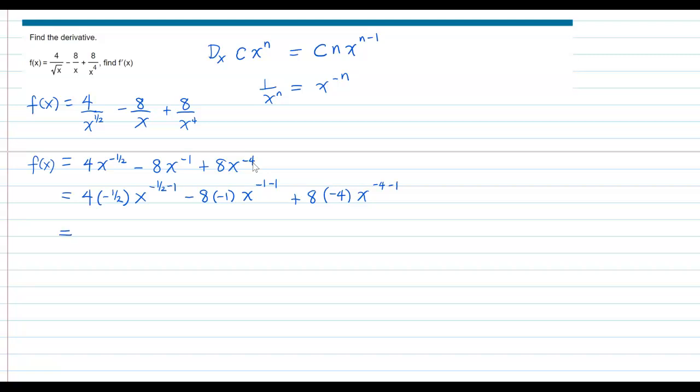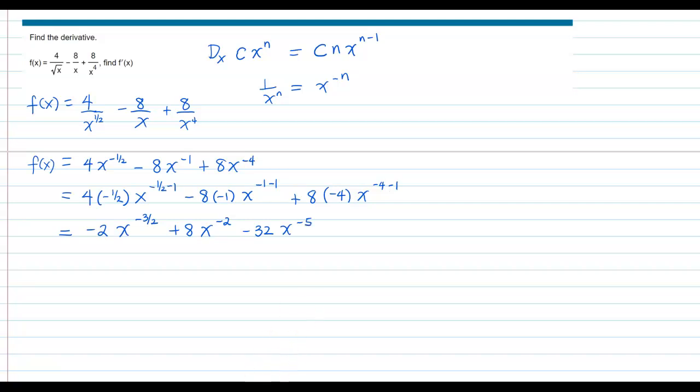Now, let's simplify. So this becomes 4 times negative 1/2 is negative 2, x to the negative 1/2 minus 1 is negative 3/2. Now negative 8 times negative 1 is positive 8. x to the negative 1 minus 1 is negative 2. And then 8 times negative 4 is negative 32. x to the negative 4 minus 1 is negative 5.